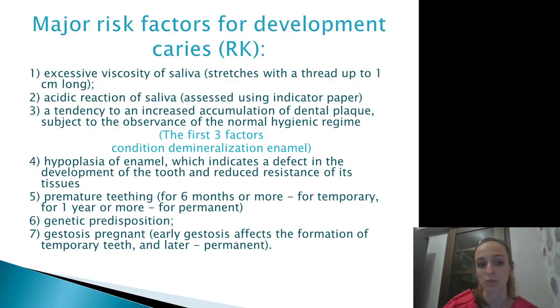And fourth, it is hypoplasia of enamel, which indicates defects in the development of the tooth and reduced resistance of its tissues. Then premature teething for 6 months or more for temporary, and for 1 year and more for permanent.